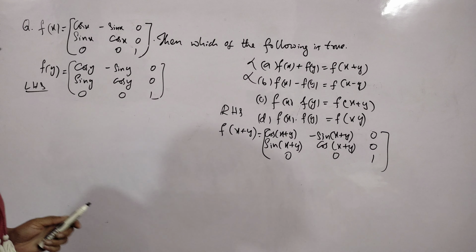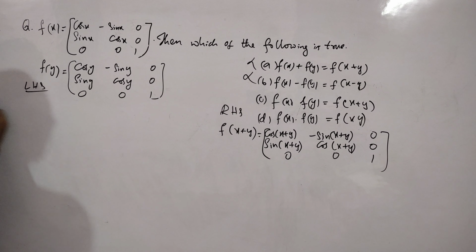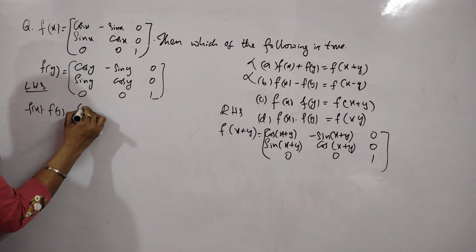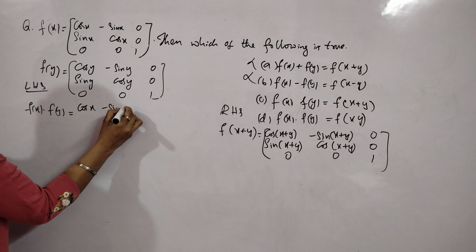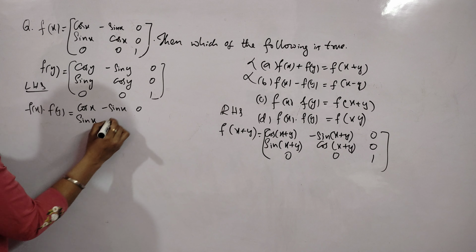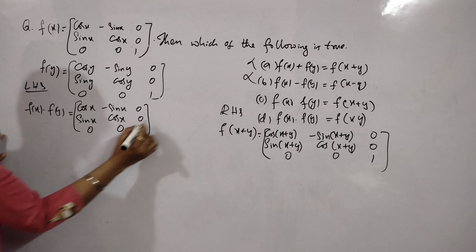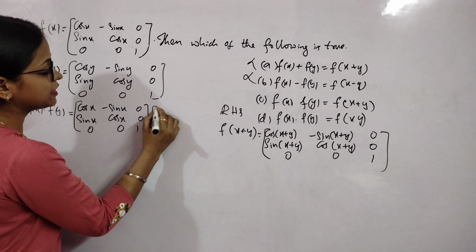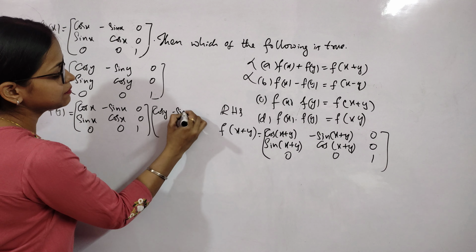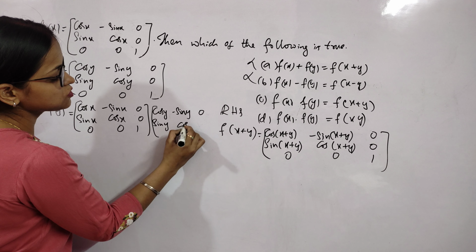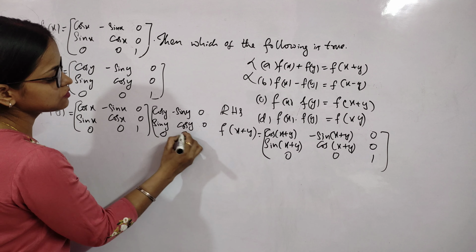Now let us do the C option, that is the product f of x into f of y. The product is cos x, minus sin x, 0; sin x, cos x, 0; 0, 0, 1, multiplied with f of y, that is in terms of y: cos y, minus sin y, 0; sin y, cos y, 0; 0, 0, 1.